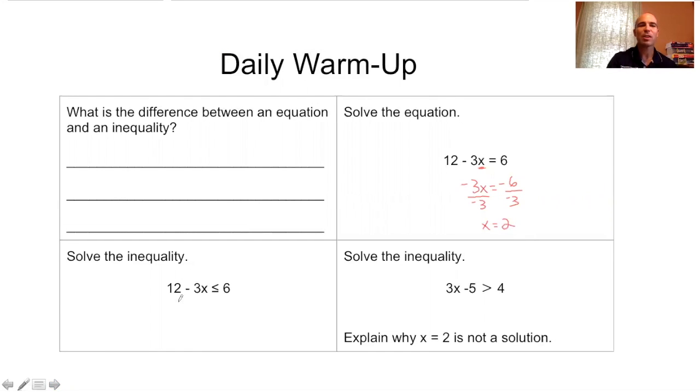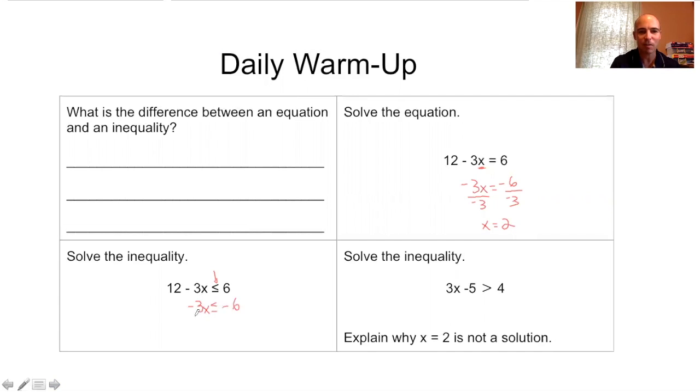Okay, so this one here, solve the inequality, same exact stuff, right? Except this symbol is different. What you may remember from your Algebra 1 class, you may not. Basically, we're solving this the exact same way, subtracting that 12 from both sides, except for one big difference.